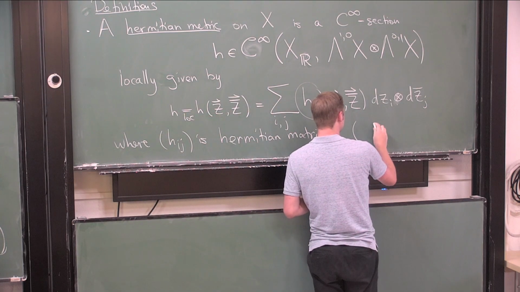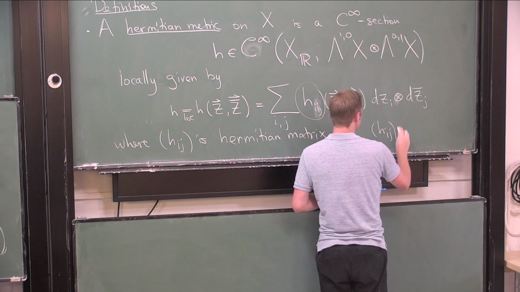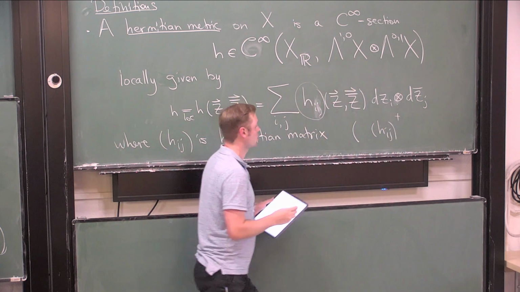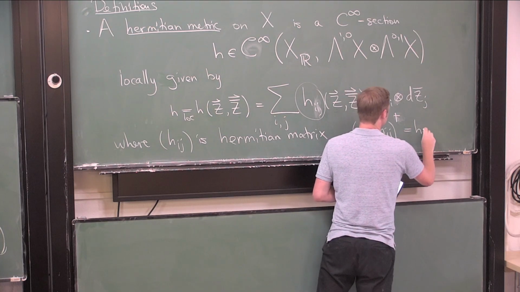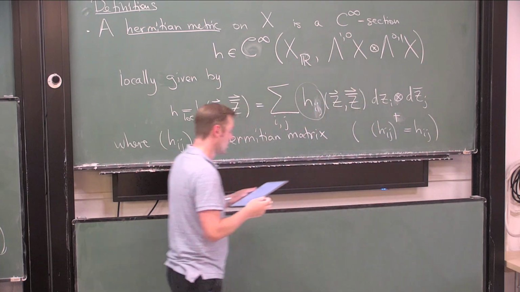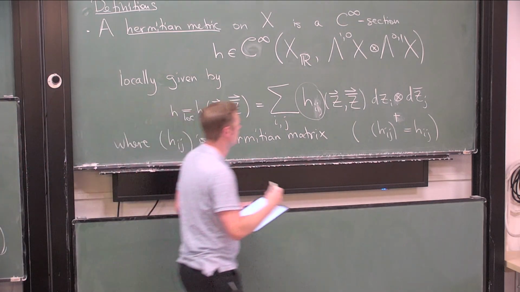What does it mean to be a Hermitian matrix? I take this matrix, take the complex conjugate and transpose, and that gives me the matrix back.